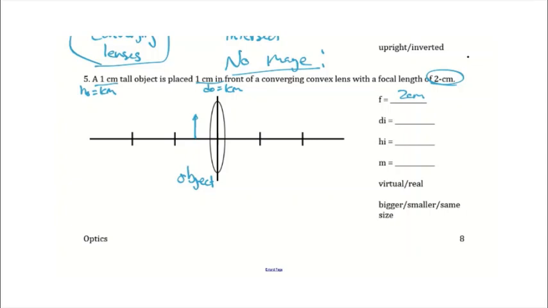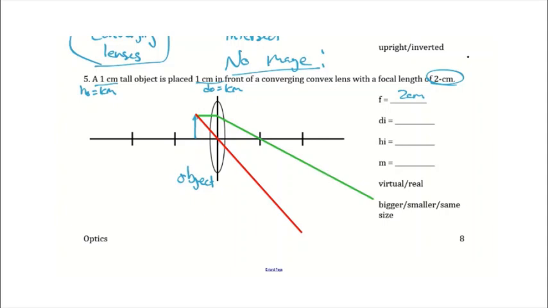Rule number 1, a ray drawn parallel is refracted through the focal point. Rule number 2 we can't do, but we can do rule number 3, a ray drawn to the vertex passes through unchanged. So we have rule 1 and rule 3 drawn.